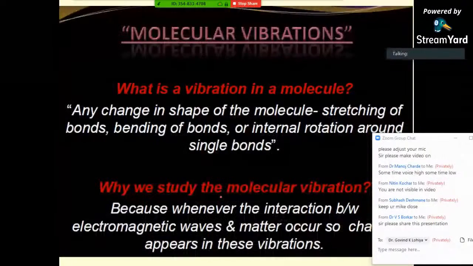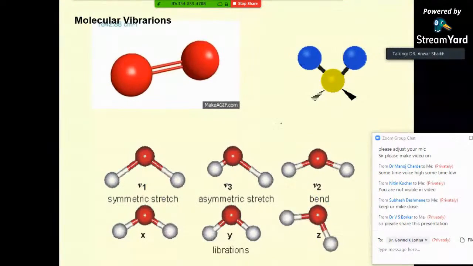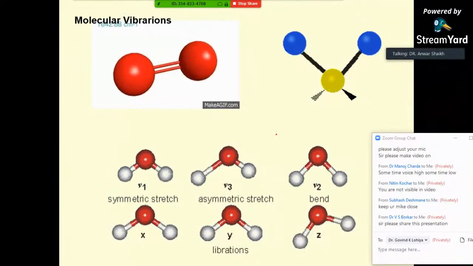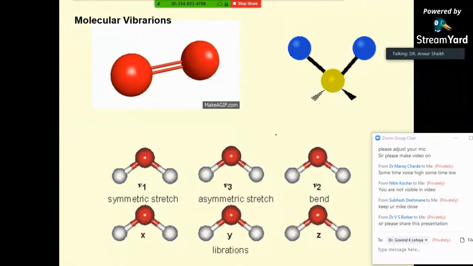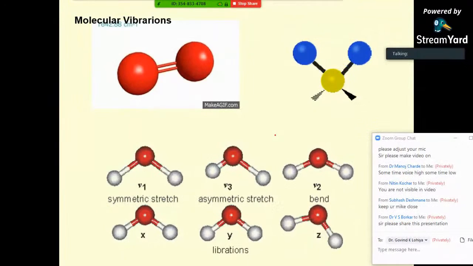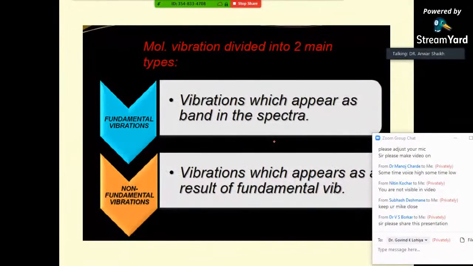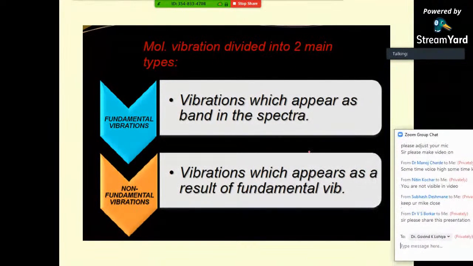Now, what is the vibration in the molecule? All these things you have gone through. It is nothing but the change in the bond length and the bond angle. So there are the stretching and the bending vibrations. I will not go into detail, you already know about it. There are two types of vibration in all the molecules.